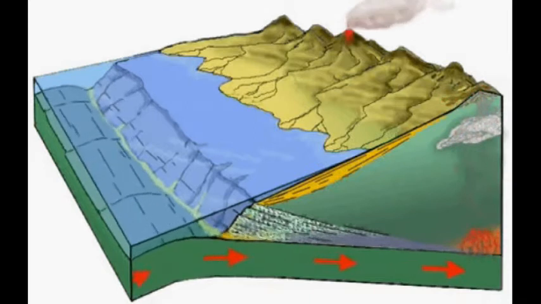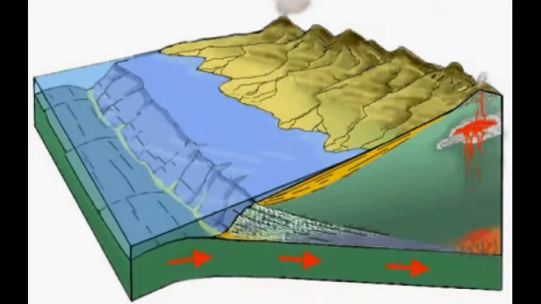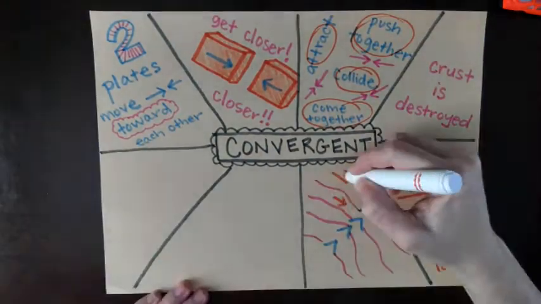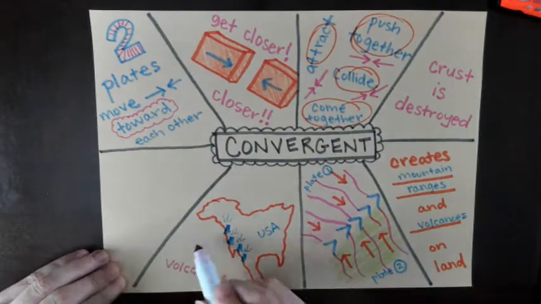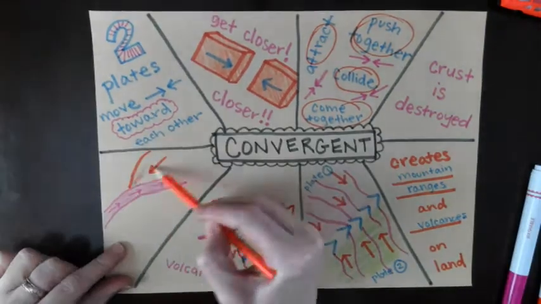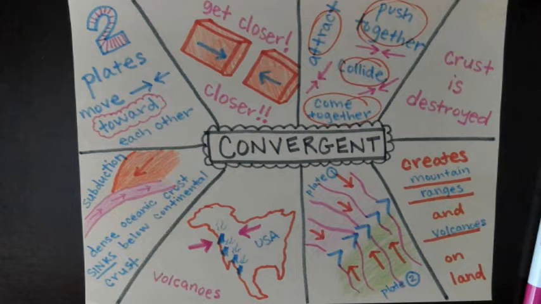So whatever is denser is going to go underneath. And as those two plates merge and come together, then eventually that will create volcanoes on that land. And usually that's on the edge of a continent.